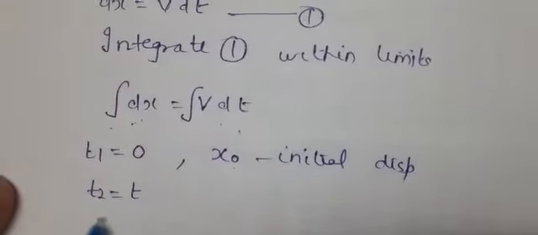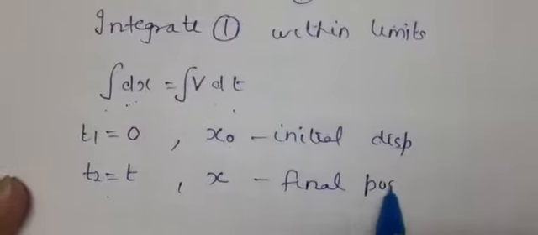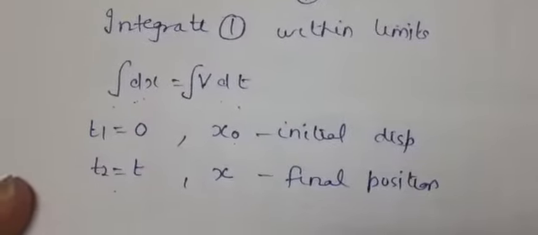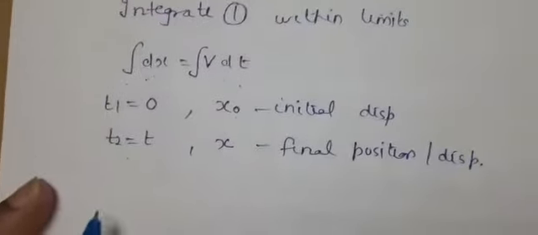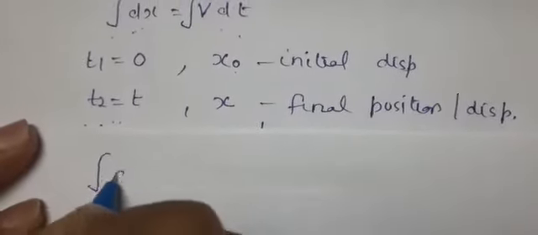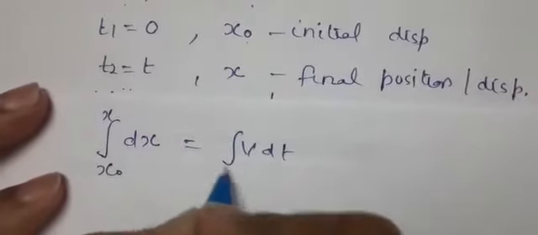Whereas after time t, that is final time, its position is x, that is final displacement. Final position or displacement you can take. Now substitute the limits, as here it is from x naught to x, and for time it is 0 to t.